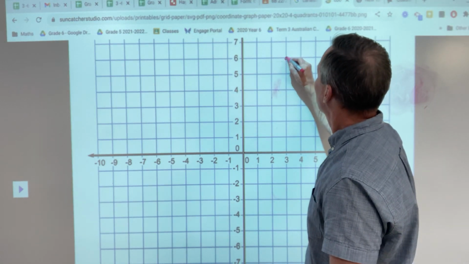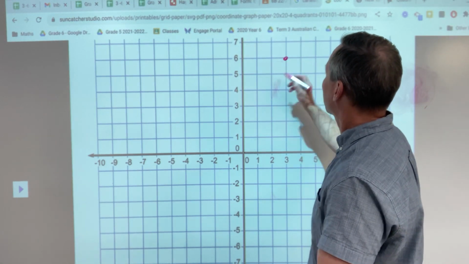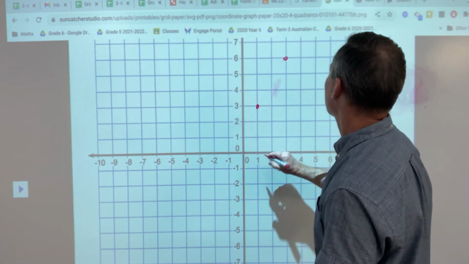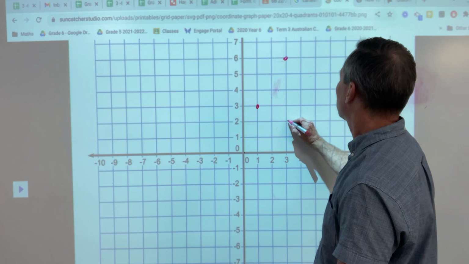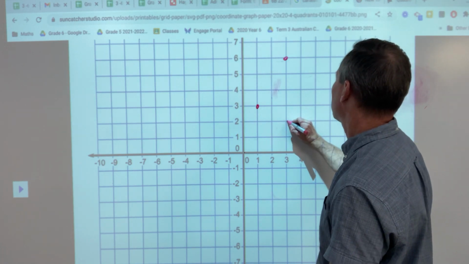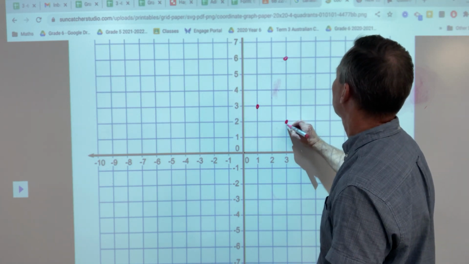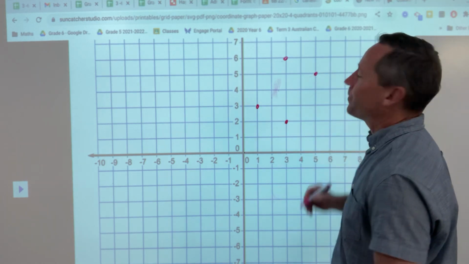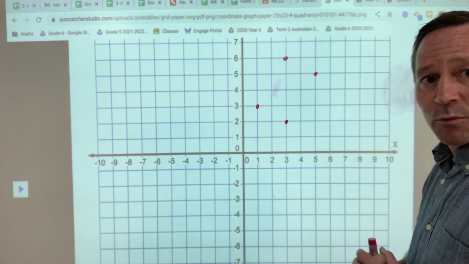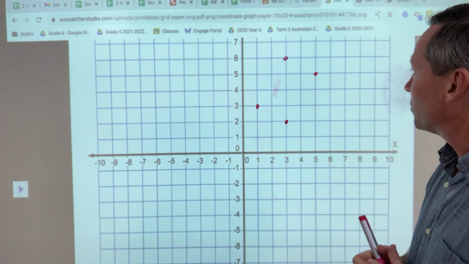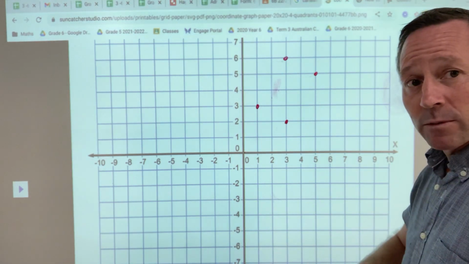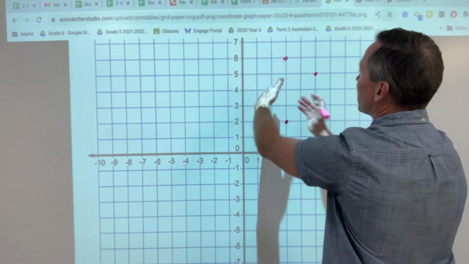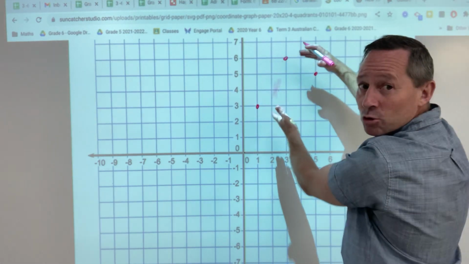So for example, let's make it a rectangle. Here's my rectangle, or the start of a rectangle. Let's put this about maybe here. Now at the moment, you may not be able to see that this is a rectangle. And a rectangle has 2 parallel sides. This side is parallel to that side, and this side will be parallel to this side.